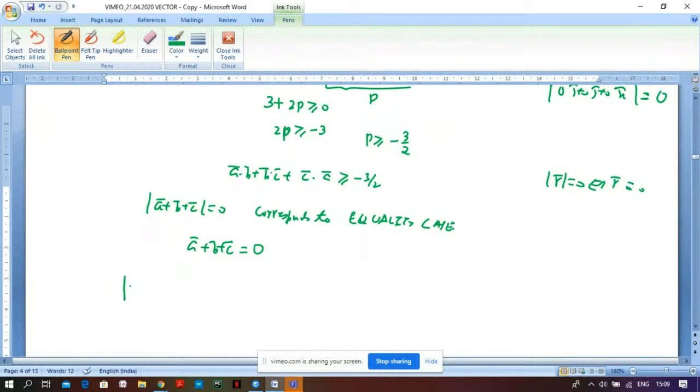We want now modulus of 2A plus 5B plus 5C. Notice how they have given the coefficients of B and C the same. That's for a reason. I can write now twice of A plus 5, taking 5 common.